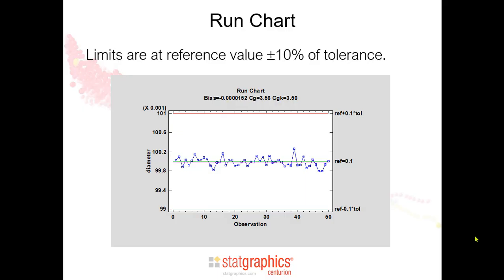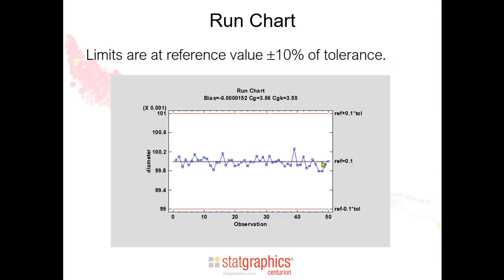As part of the output of the Type 1 gauge studies procedure, a run chart will be displayed. Here you see the 50 measurements plotted with a center line at the reference value of 0.1.